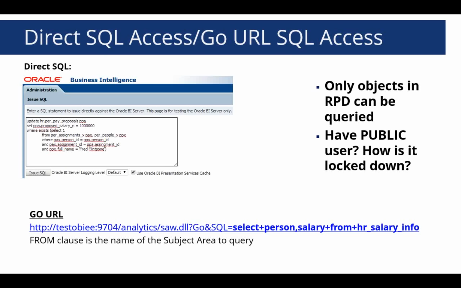The potentially bigger concern, for me at least, in any security audit is the Go URL. This is a URL that has been around a long time. The Go URL itself is a set of services that in part define a lot about what OBIEE is as far as the core services.